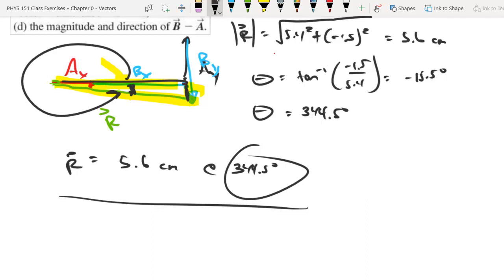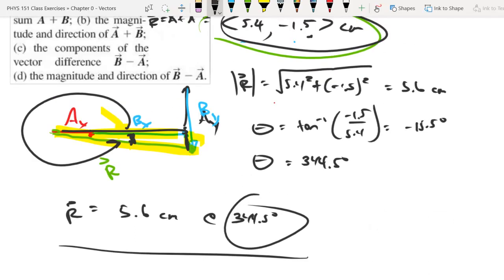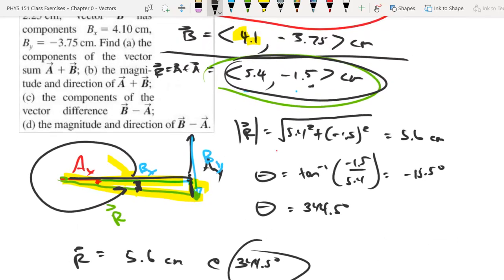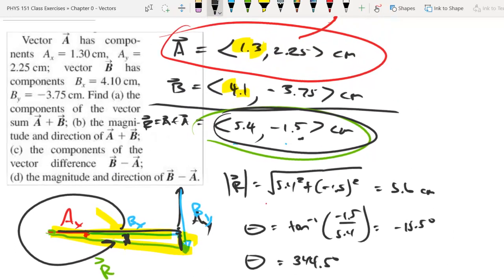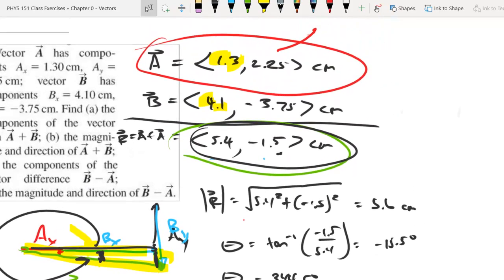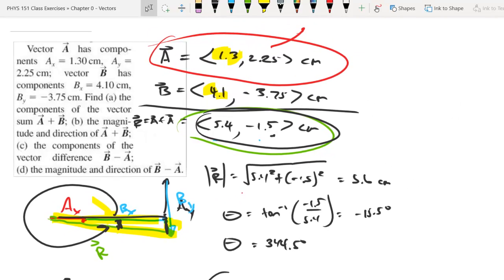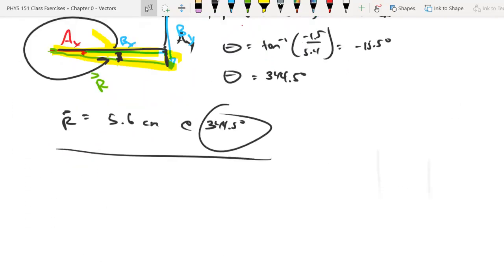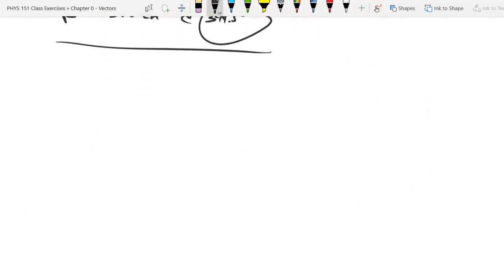Okay, moving on, now we have the vector difference b minus a. So let me take what we have here. I'll just rewrite vector b down here. It was given to us as 4.1 and negative 3.75.